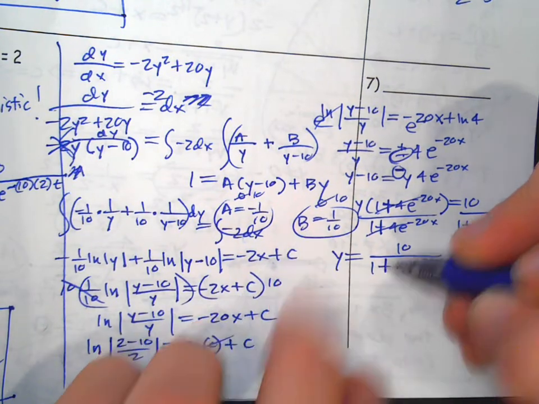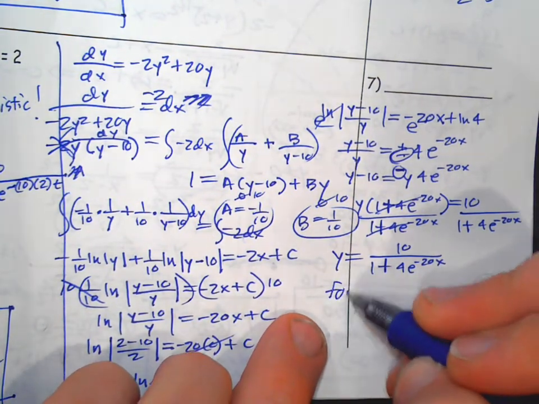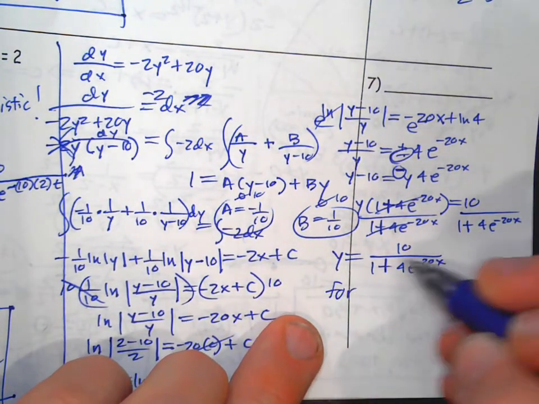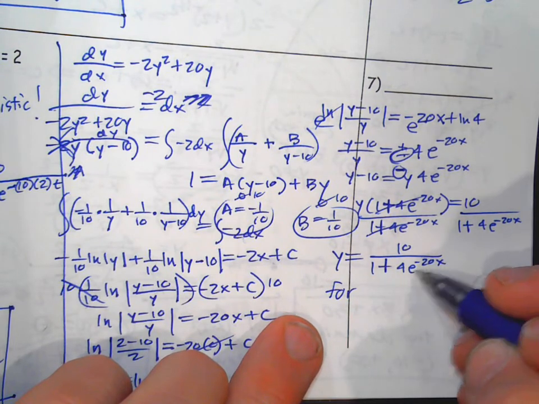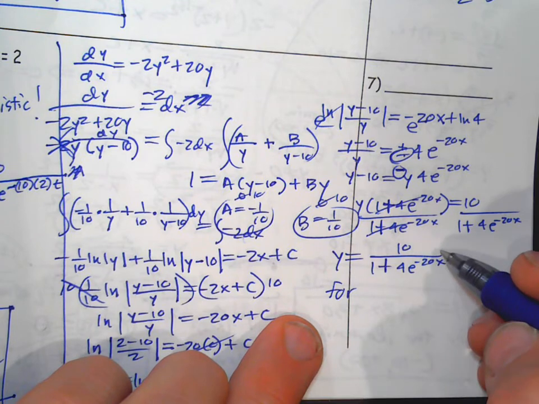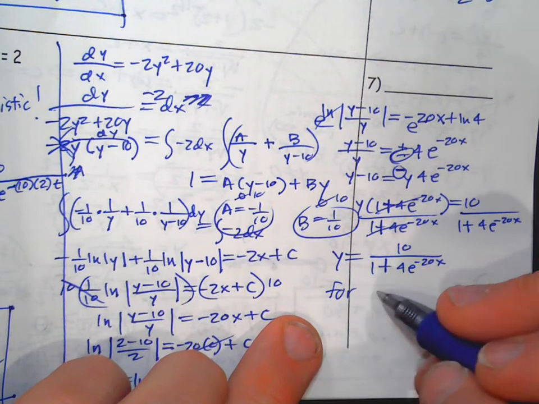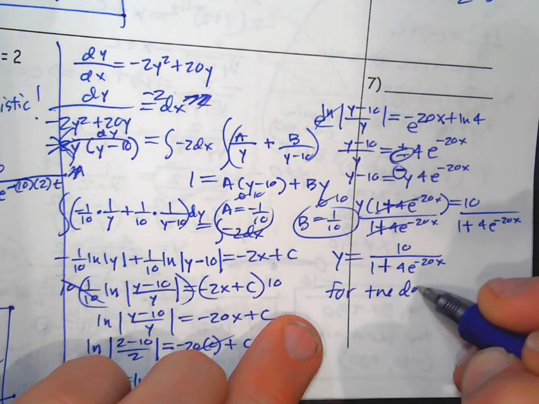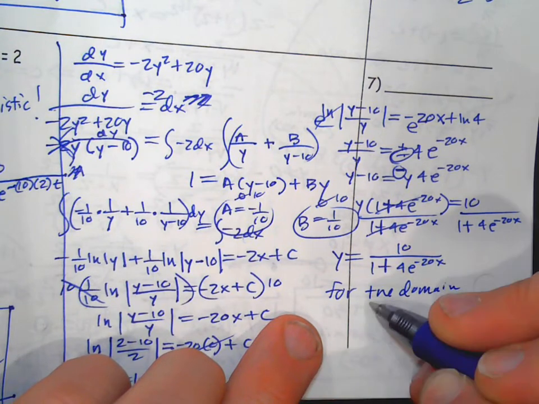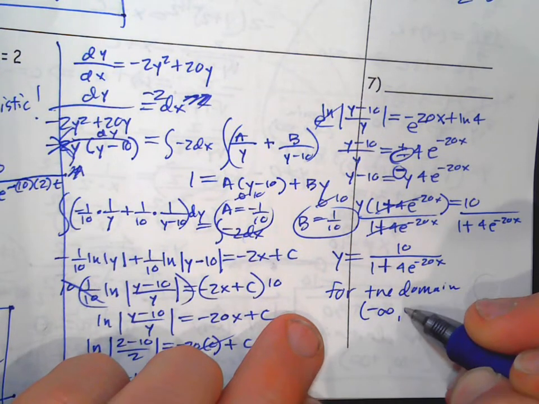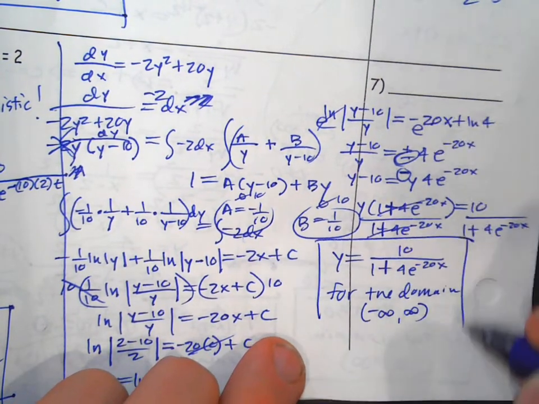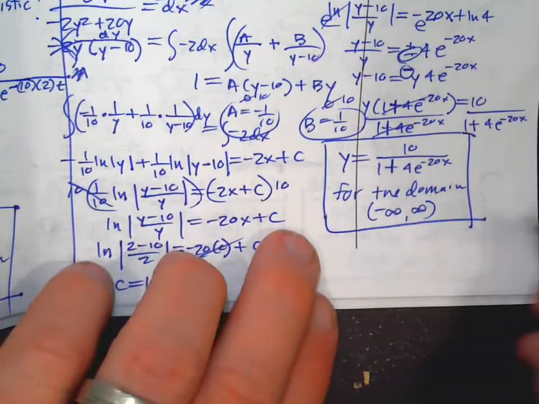Gosh, a little tiny mistake. Now this isn't going to have any issues because the bottom is never going to equal 0, because e to any power is positive, times 4 is positive, plus 1 is positive. This is always positive no matter what. So for the domain, you could say negative infinity to positive infinity. You could show some work if you feel uncomfortable about it.